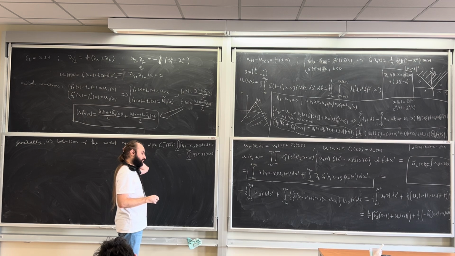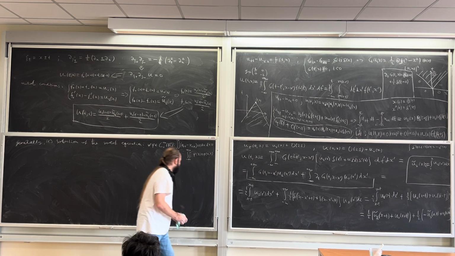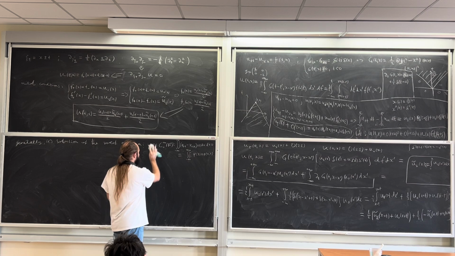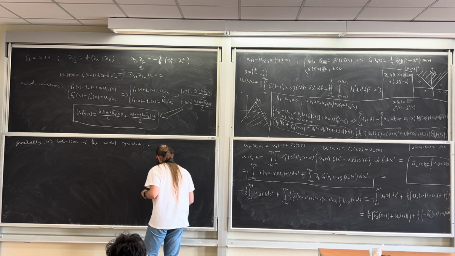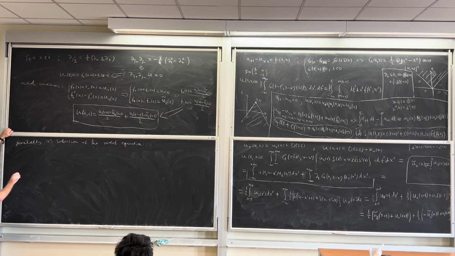So it's for f of x and t, and if you want to add initial conditions, then maybe we should be a little bit more careful. Let us be more careful. So if you want this equation with initial conditions, then what do we do?